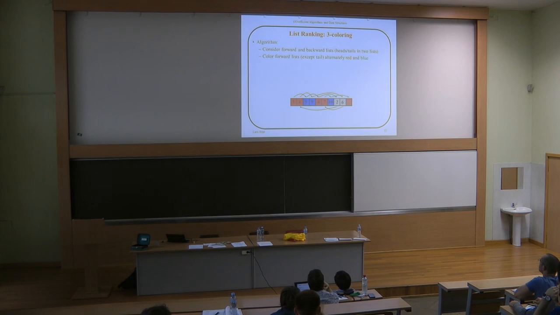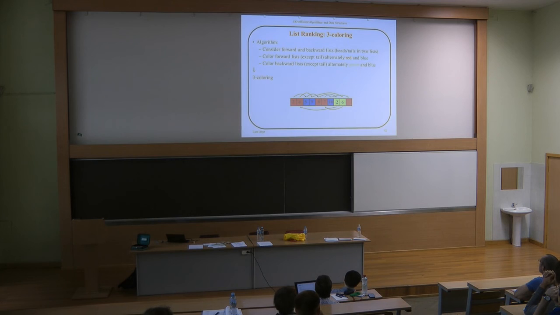So the forward lists I color red and blue, starting with red. And I'm not coloring the tails. And the backward lists, I'm then going to color blue and green, green and blue, starting with green. Okay? That's a 3 coloring.